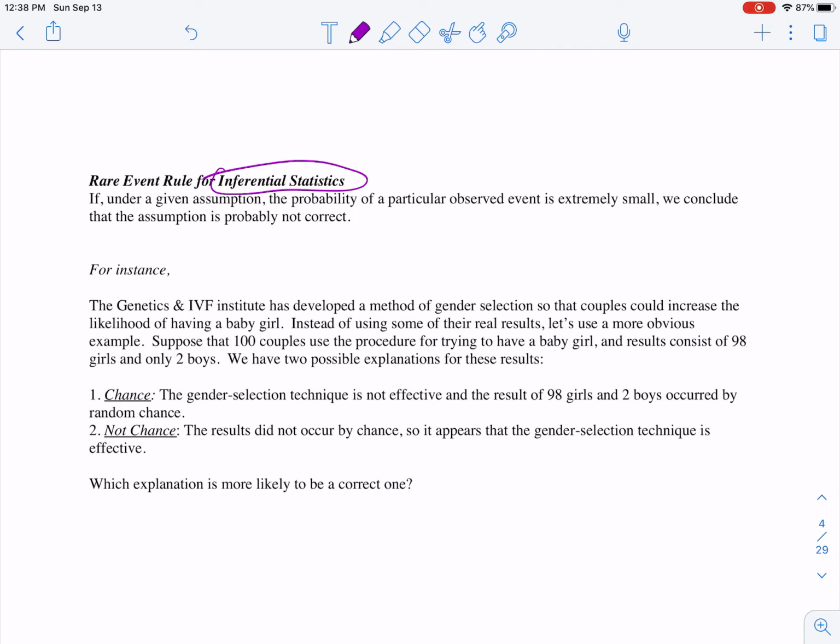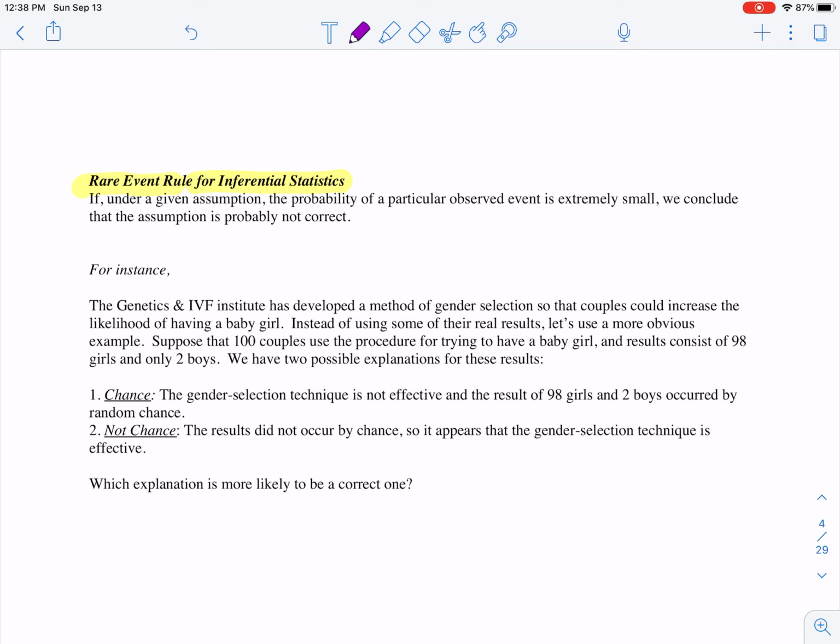So the definition for the rare event rule for inferential statistics says that if, under a given assumption, the probability of a particular observed event is extremely small, we conclude that the assumption is probably not correct.